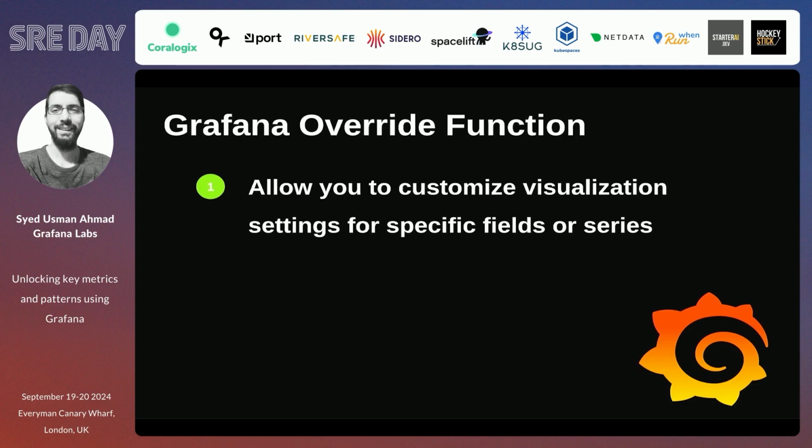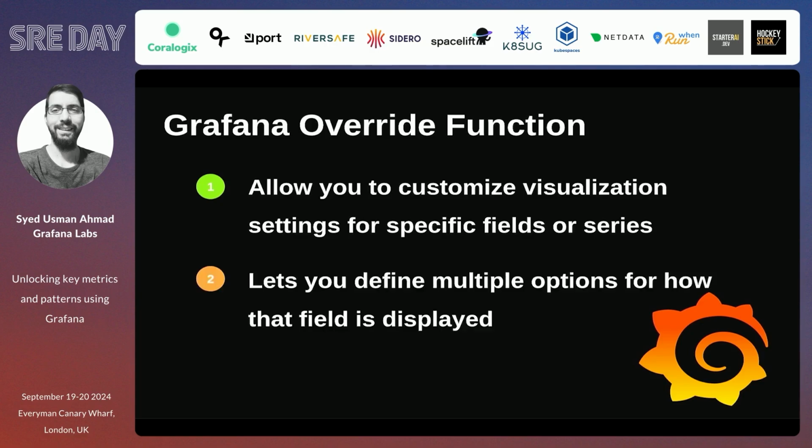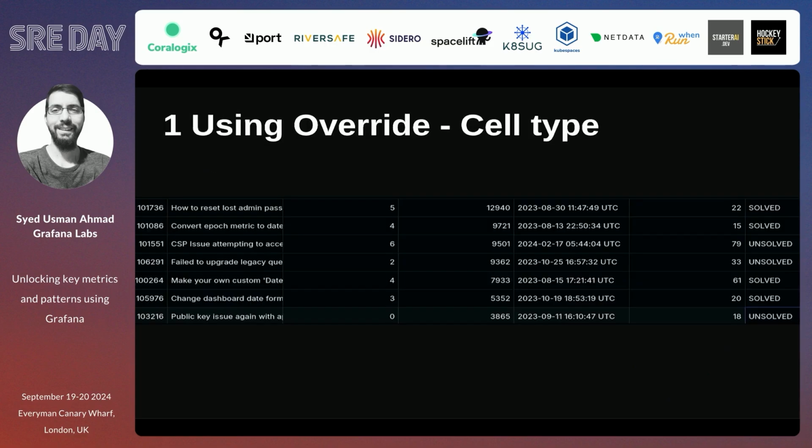It allows you to customize your data, a specific field or series, and lets you define more options. So again, we have this same data, and the first thing we want to learn is the cell type. We are more interested in the last column, which says solved, unsolved, the current status field.